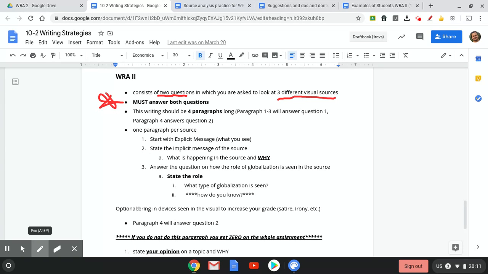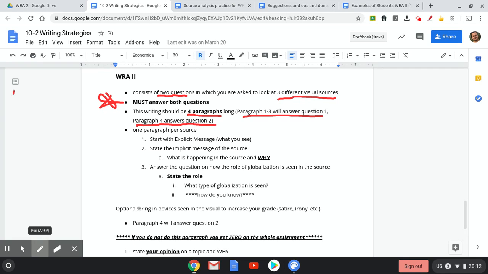Failure to do so is going to be significant. This is a 4-paragraph assignment. Paragraphs 1 to 3 are question 1. Paragraph 4, question 2.